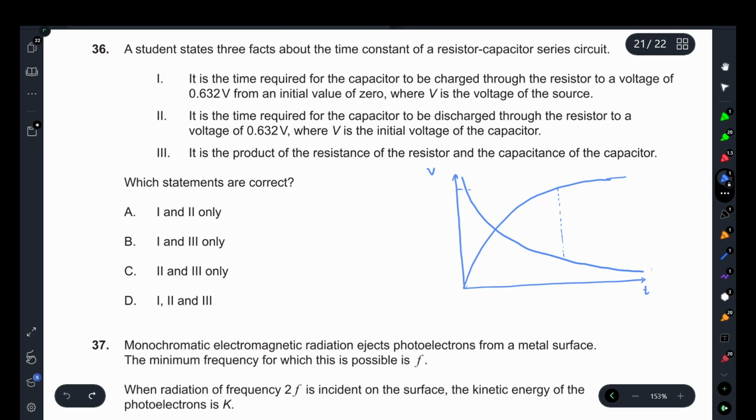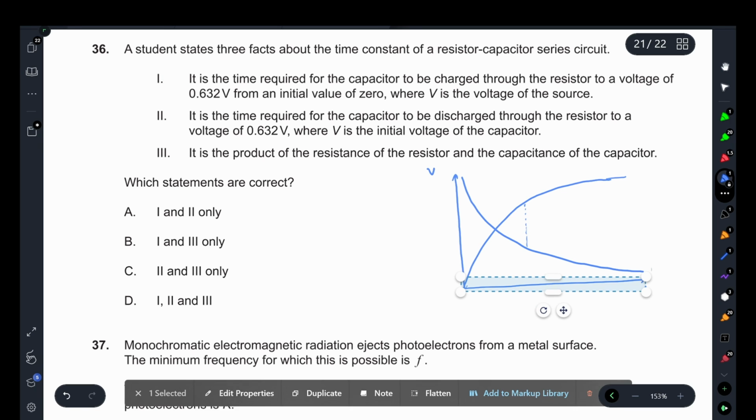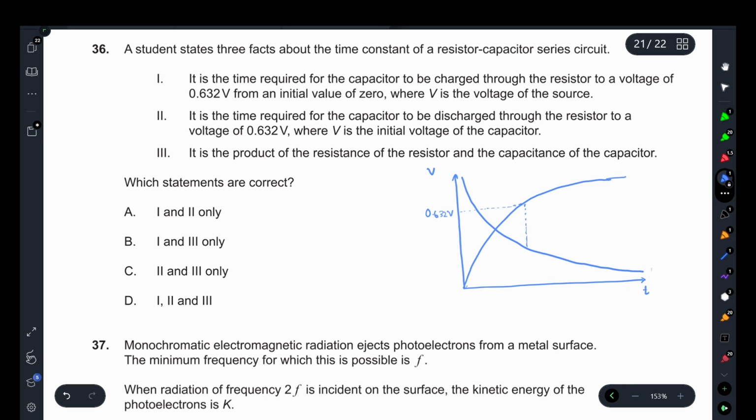This, let's say, corresponds to 0.632 V0, where V0 is the initial voltage, and this corresponds to 0.37 V0, where V0 is the initial voltage.